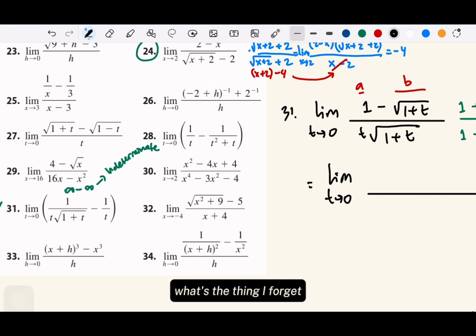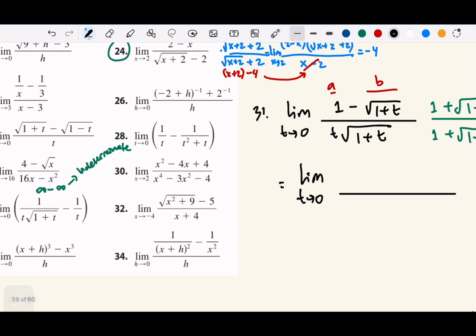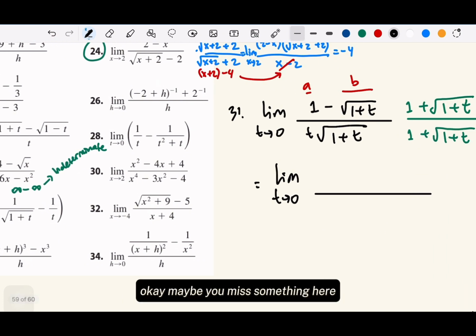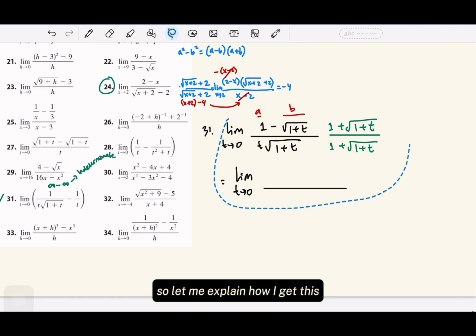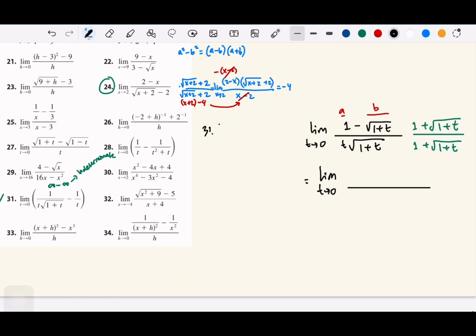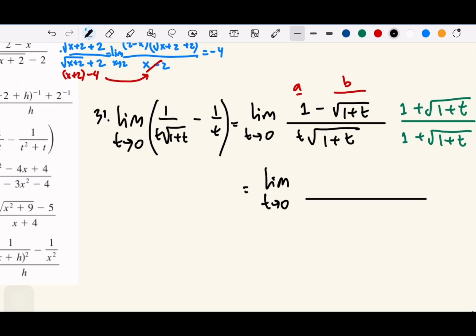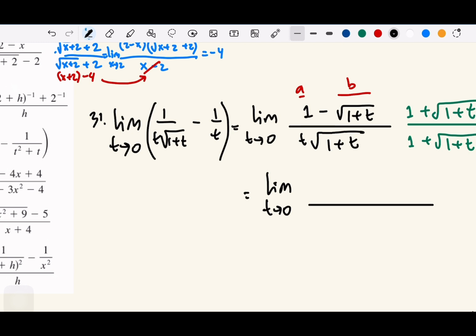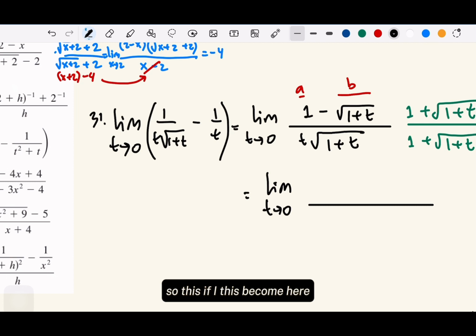What's the thing I forgot? Minus 1 over. Hmm? Okay, maybe you missed something here. So let me explain how I get this. So this divide this become here.